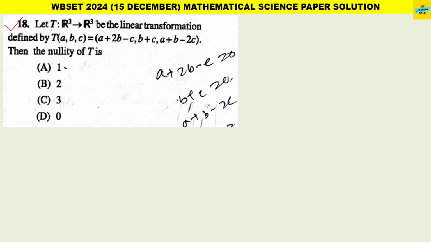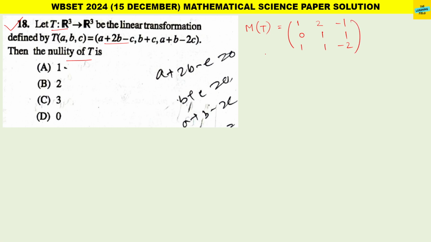It says that T from R3 to R3 is a linear transformation defined by T of a, b, c equal to this, then the nullity of T equals. Now this is a 3 by 3 matrix. If we convert this linear transformation to its matrix, suppose M, then we can write the coefficient matrix: 1 2 minus 1, 0 1 1, and 1 1 minus 2.